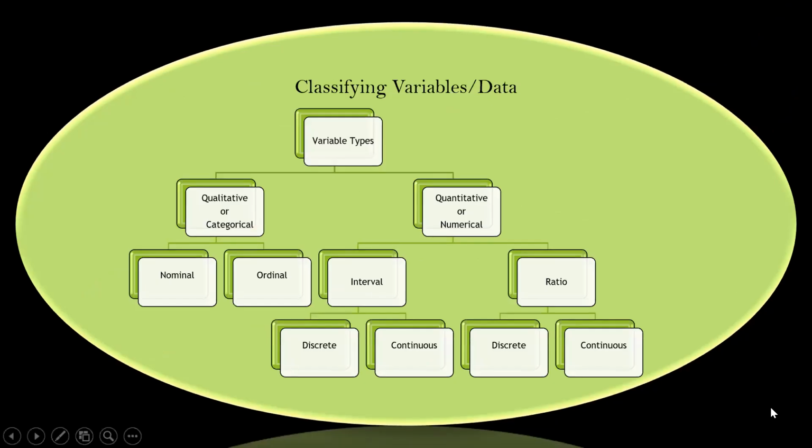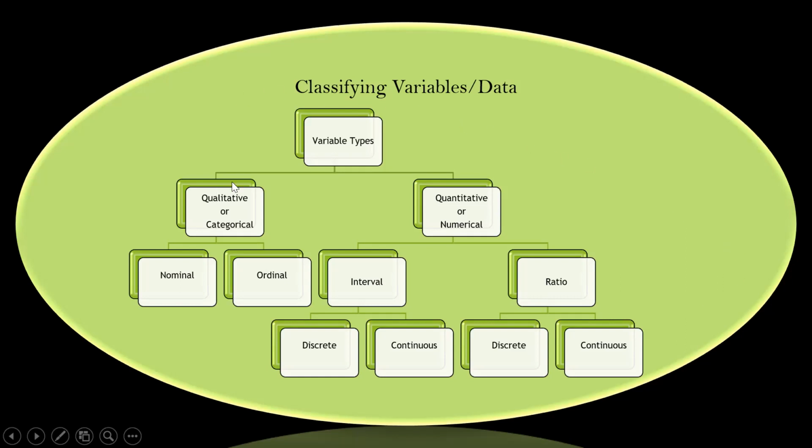So here's a little hierarchy, although it's misleading because it's not necessarily an appropriate hierarchy. There's no reason to say that discrete couldn't go up here and so forth. It's just an organizational chart, and you won't always find it arranged this way. I just created this because it makes sense to me.